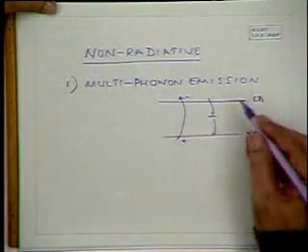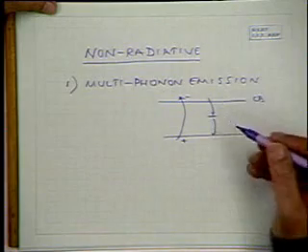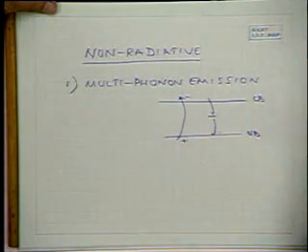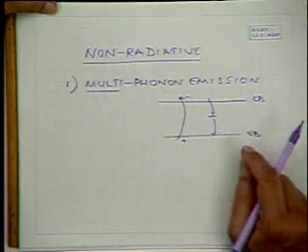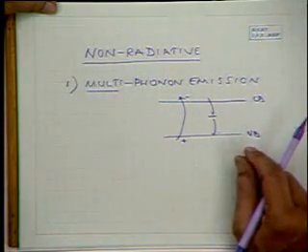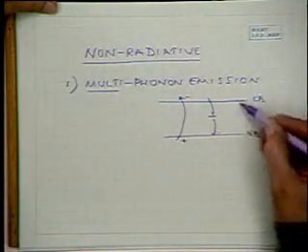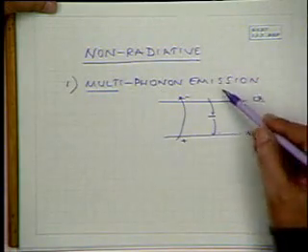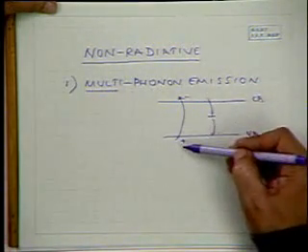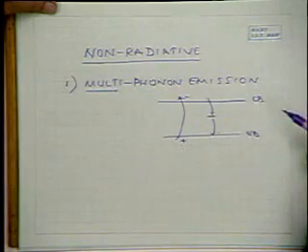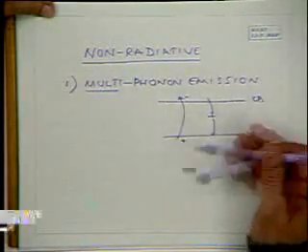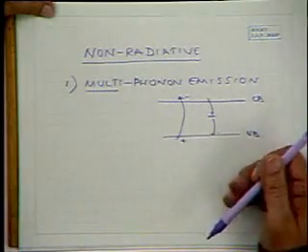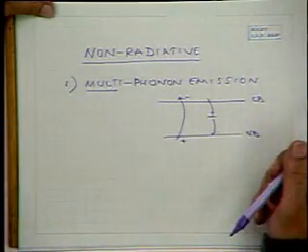As you know, the energy of a phonon is typically only 20 to 50 milli-electron volts, and hence a large number of phonons are involved in dissipating the energy in going from the conduction band to the valence band. This finally results in heat, and finally leads to lattice vibrations picking up the energy.